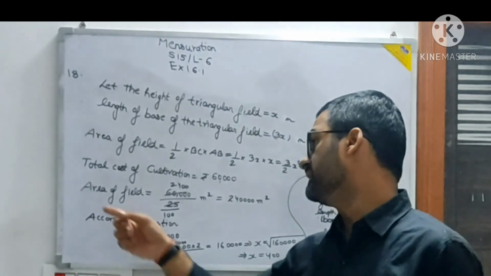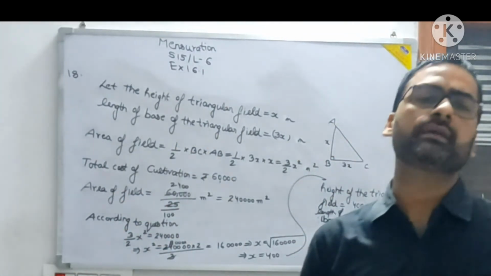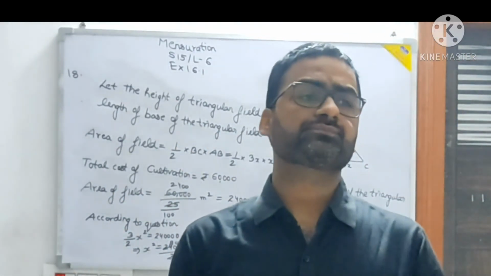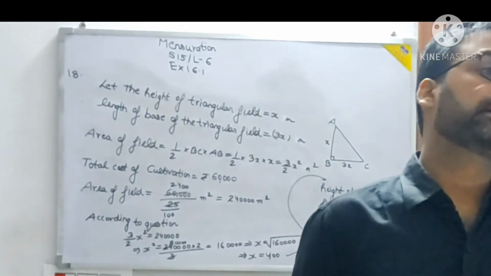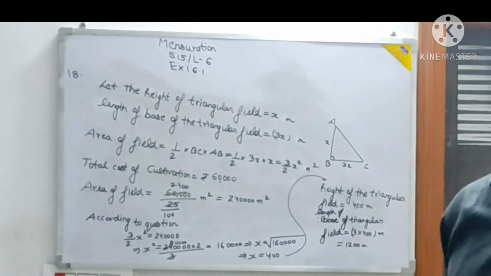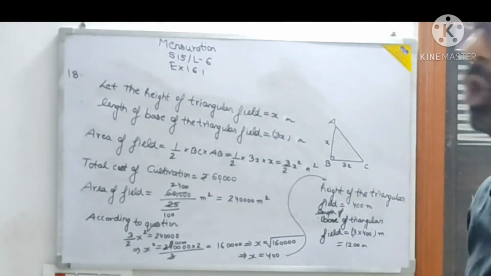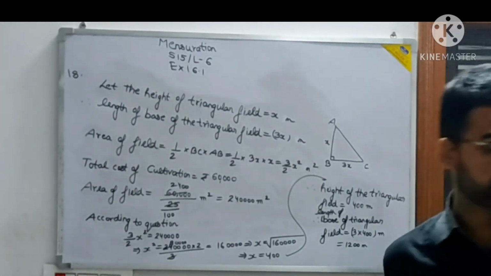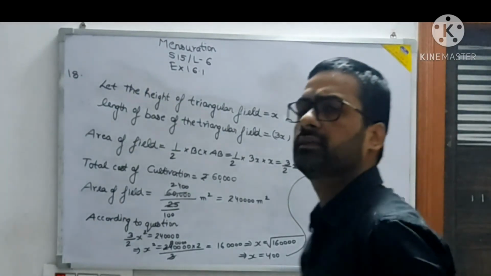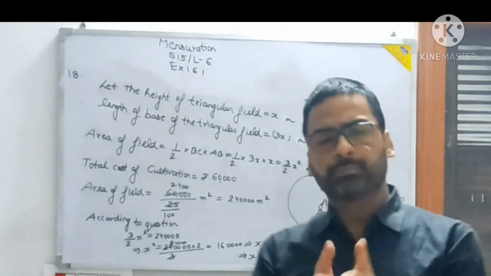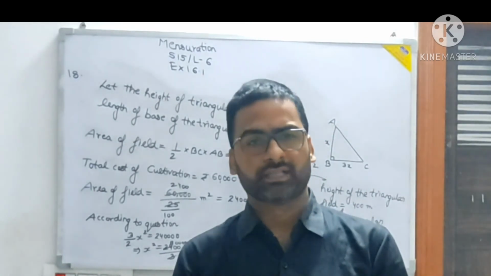Getting this might be a little bit typical, but it should not be, because these types of questions you have already done in class 8th: calculating the area, cost of cultivation, fencing, all these things. I think the next question is on fencing only. In fencing, some length they are skipping, and that length you remove from the perimeter part.